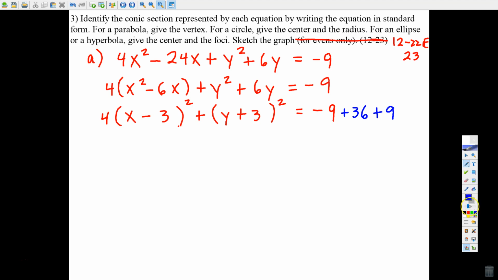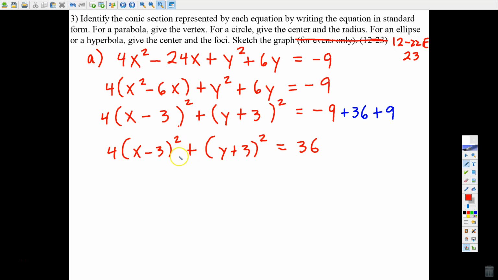Going down to my next line, I have 4 times x minus 3 quantity squared plus y plus 3 squared, and that equals 36. So it looks like it's going to be an ellipse. It can't be a hyperbola because hyperbolas have a minus here.